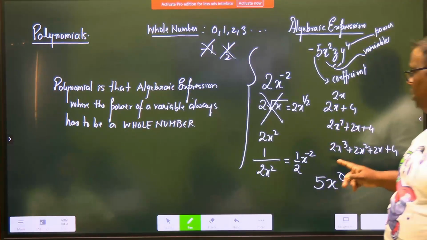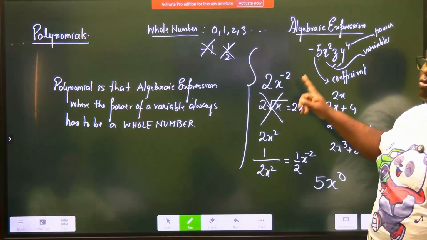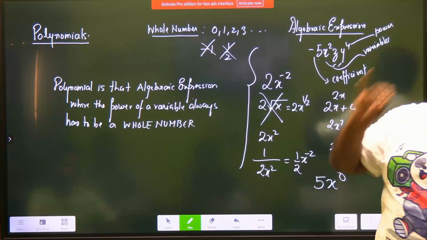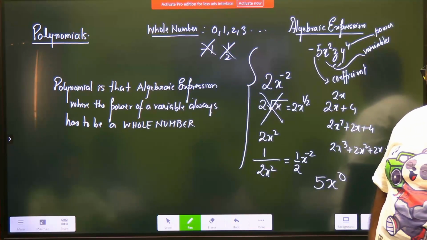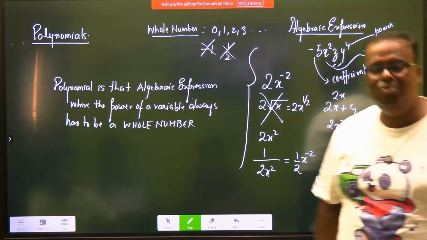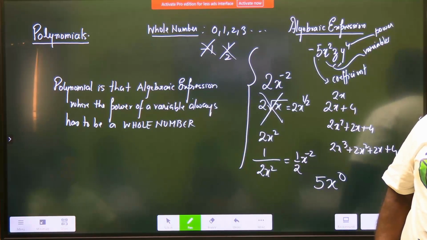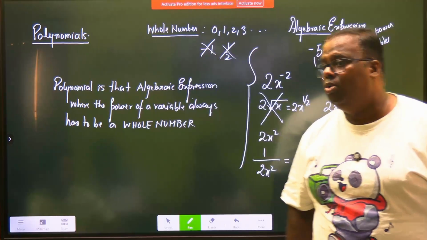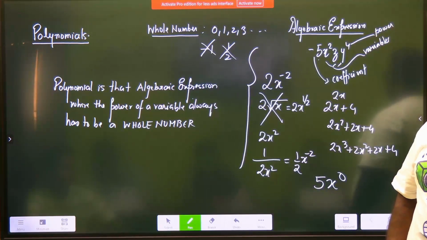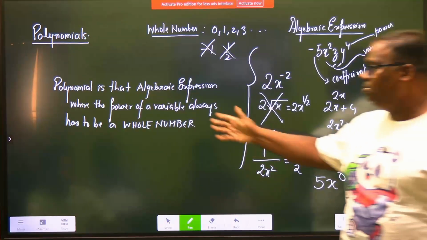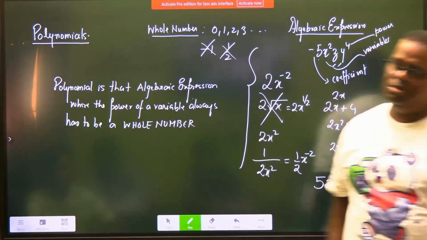The polynomial should always have variables associated with whole numbers as power. I should not say polynomials, algebraic expression, then only they will be called polynomials. If they are polynomials, then they are associated with variables which have only whole numbers as their powers. Is this clear? बाबू थोड़ा लिखिए बाबू, ऐसे ही मैं अच्छा लिखा, समझ में आए तो very good.